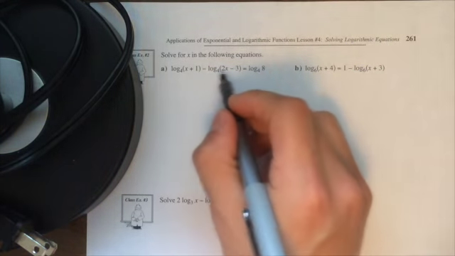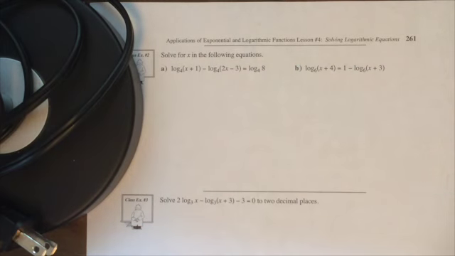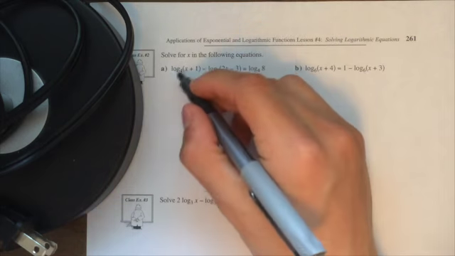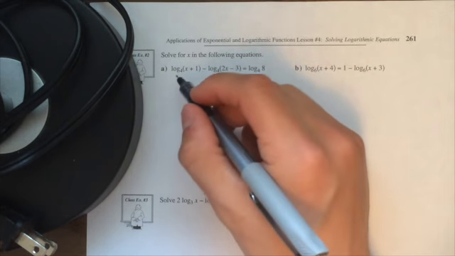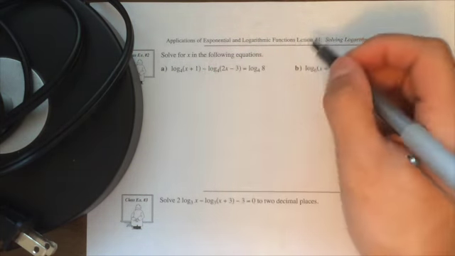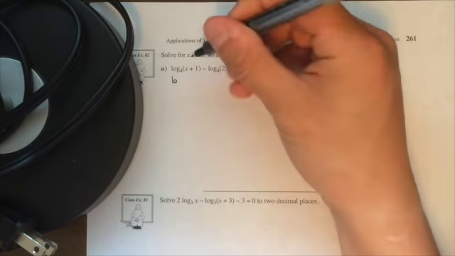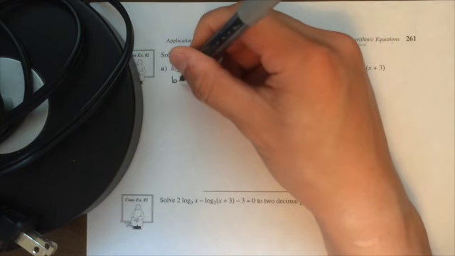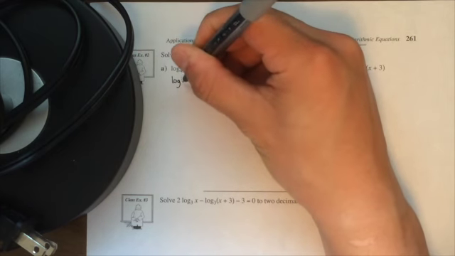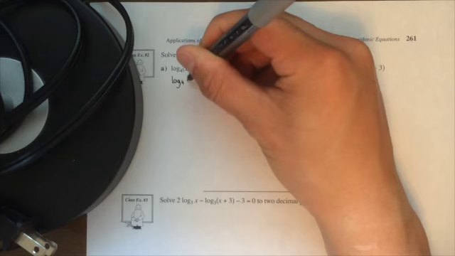Now notice that we have all the same bases, but before we do anything with these bases, before we get rid of these actual log 4s, we're going to use our log laws to simplify this, and so we're only solving for these values of x.